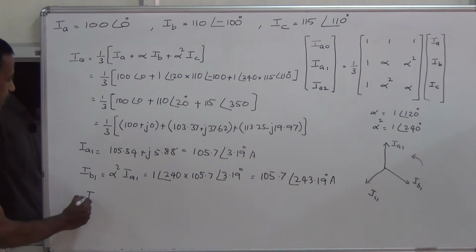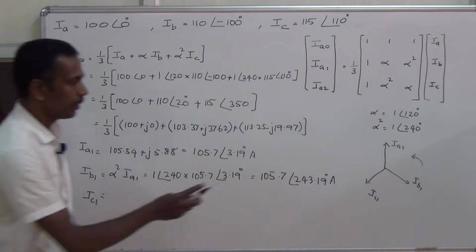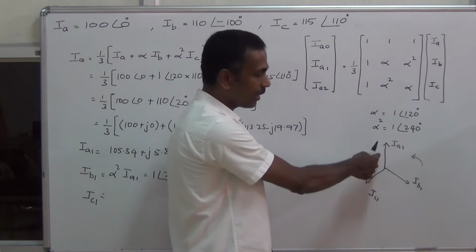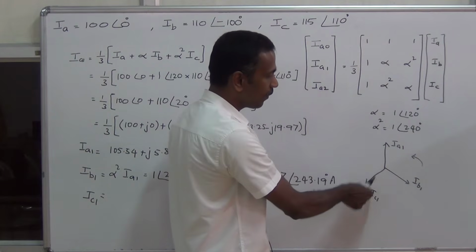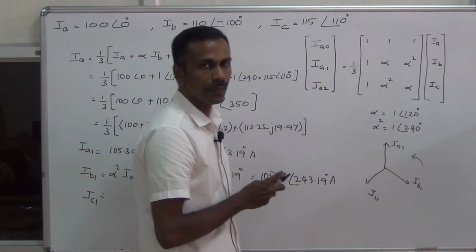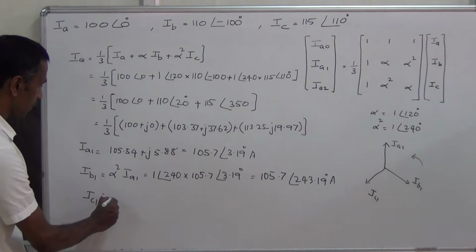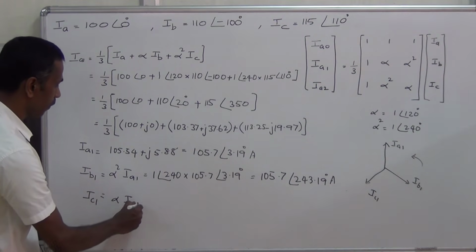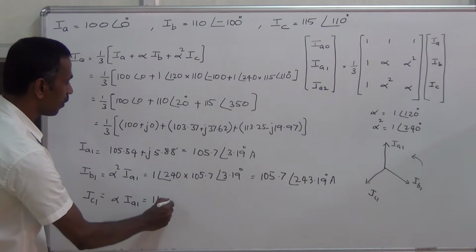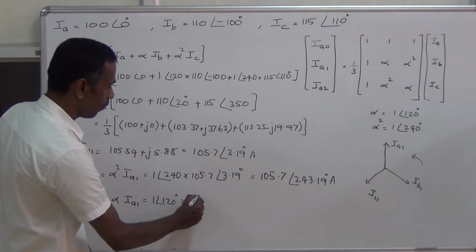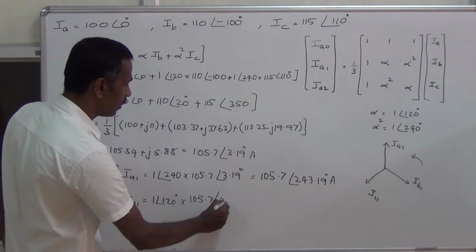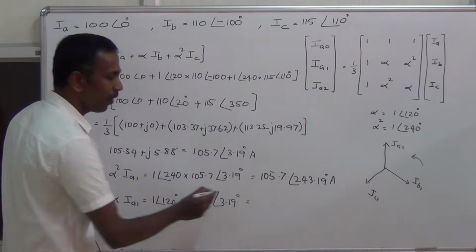IC1 leads the reference IA1 by 120 degrees, or IC1 equals alpha into IA1. This is 1 angle 120 degrees into 105.7 angle 3.19 degrees.